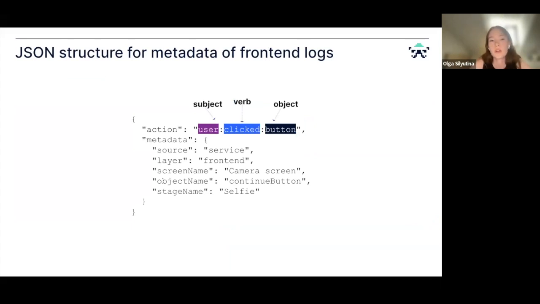So for the JSON structure of front-end logs, you can use something like this. It could also be applicable to any front-end logs on the web, like landings or your products, or in apps, etc. As an action, you have subject, verb, object, event, and here, for example, we have user clicked button.